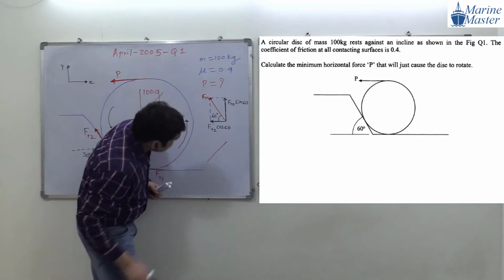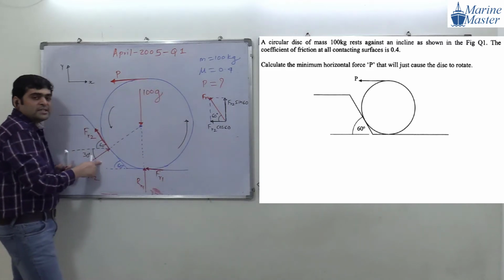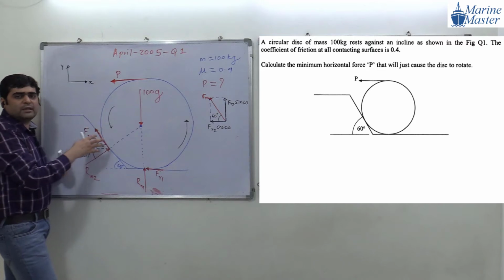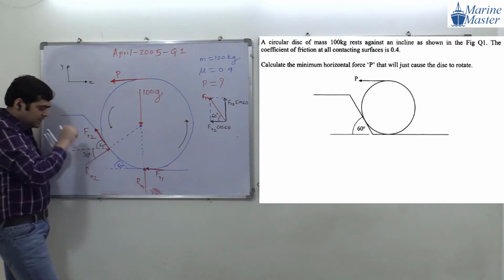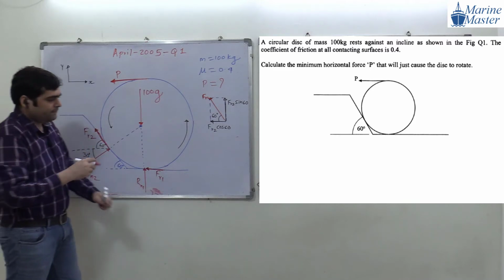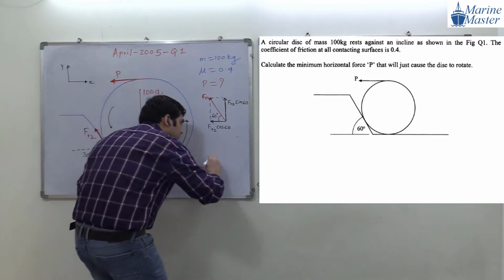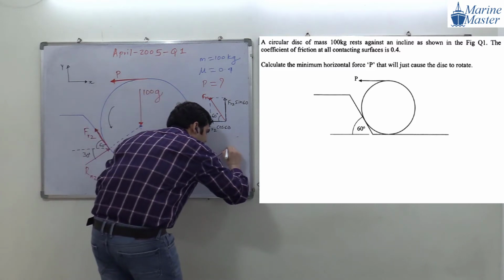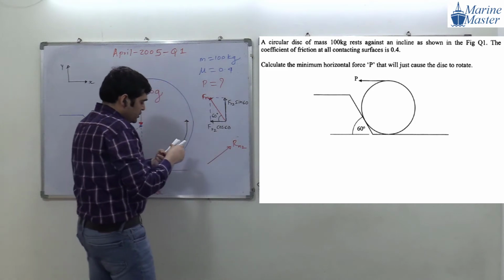Why am I not showing the components here? Because this drawing will become a little complicated and we don't want complications. So I am showing the components separately, to make things simple. This is our Rn2.